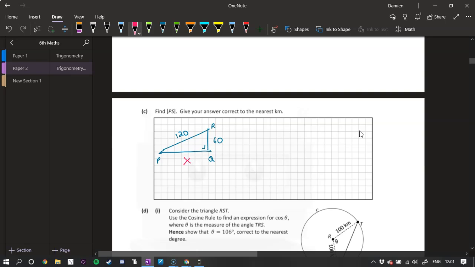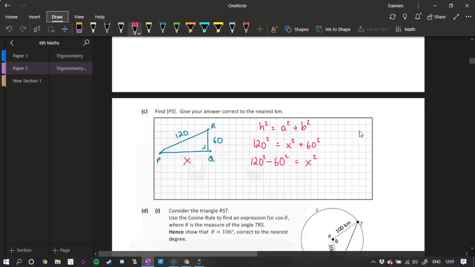So we want to find out what x is. So again, h squared equals a squared plus b squared. And that's going to give you 120 squared. That's equal to x squared plus 60 squared. And then we're going to have 120 squared minus 60 squared. That equals x squared.